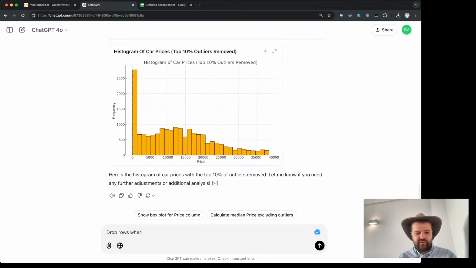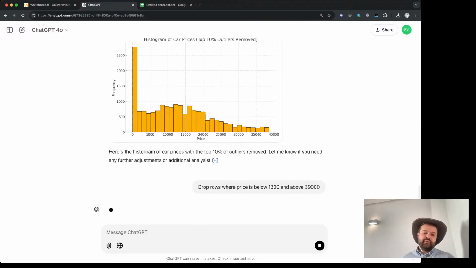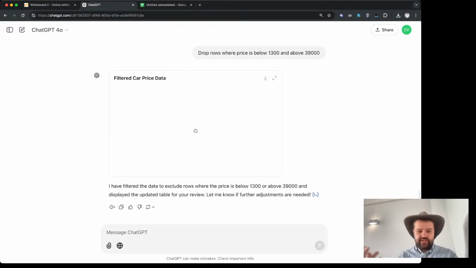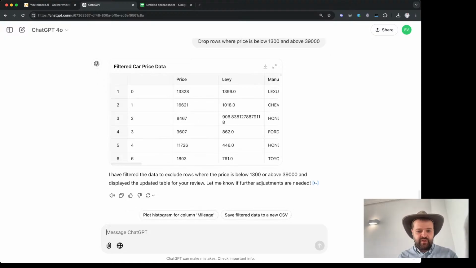Where price is below 133 and above, let's say, 399, like that, 339,000, right? And this is actually the process you go through every time you prepare your data for research or for AI models. That's why I'm showing all of this, so you know.